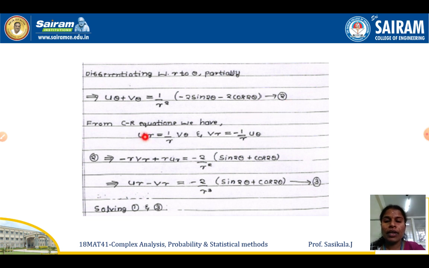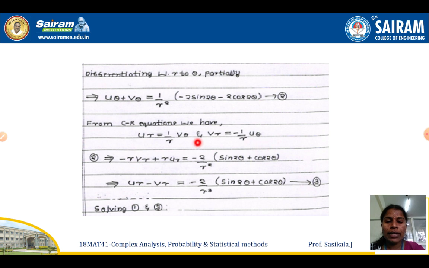Now from the CR equations we have u_r = (1/r) v_θ and v_r = −(1/r) u_θ. From equation number 2, I'm going to replace in terms of u_r and v_r.